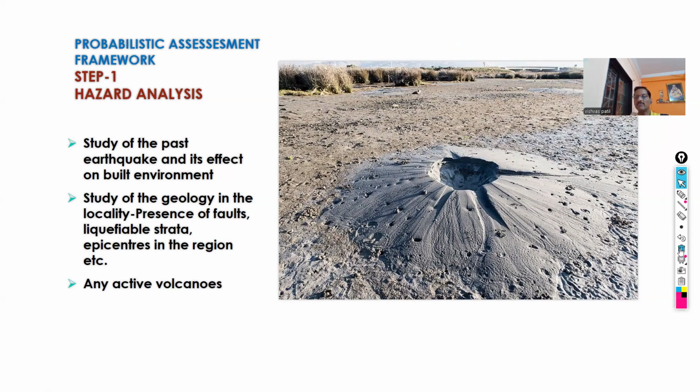The user must know the seismicity of that location: what were the past earthquakes, what was their effect on structures, what failures were due to those massive earthquakes, what is the type of strata, and whether liquefiable soil is there. Study of all these seismicity parameters is the hazard analysis. Sometimes we require the help of a geologist.